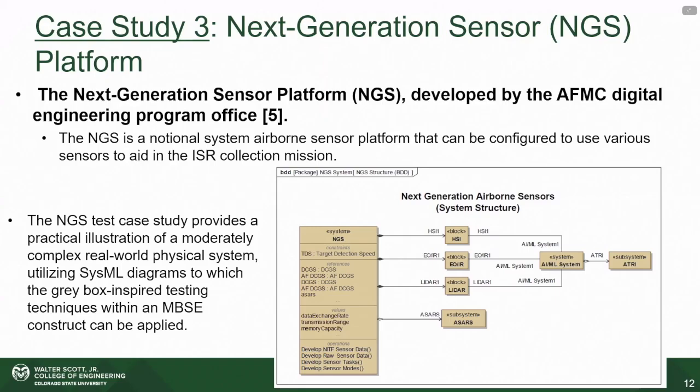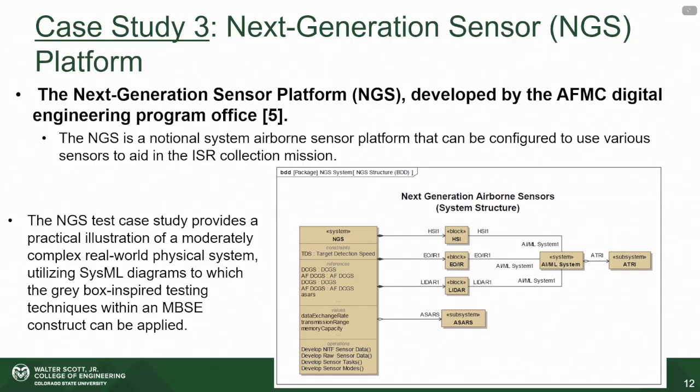The NGS system represents a notional airborne sensor platform designed to support the ISR mission by integrating various sensor configurations. This case study is very similar to the EX platform that was highlighted in the textbook. This one is also a little bit more of a complex system, where it provides a practical example.